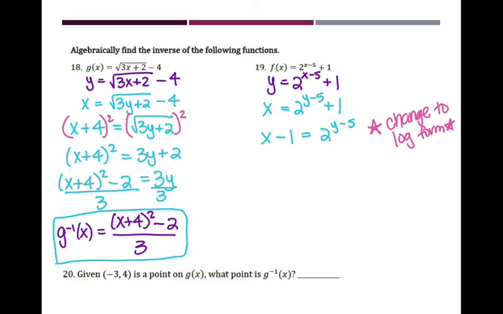So as I write it in logarithmic form, this is going to be a log base 2 because the base for your exponential matches your logarithm. So this would be log base 2 of x minus 1 equals your exponent, which is y minus 5. And then from here, I can easily continue to solve for y. I can add 5 to both sides.